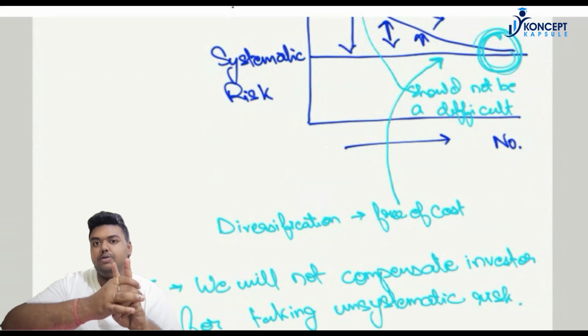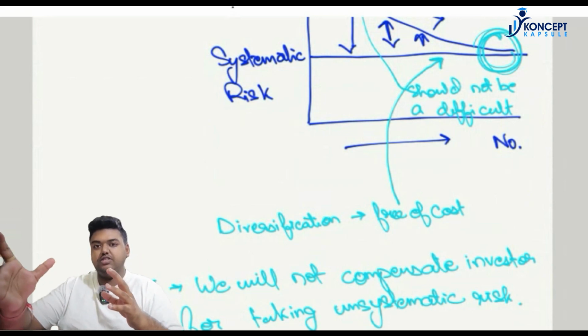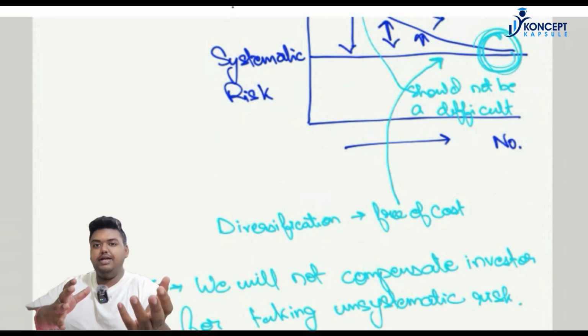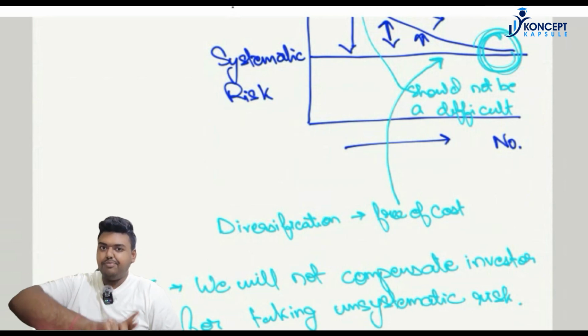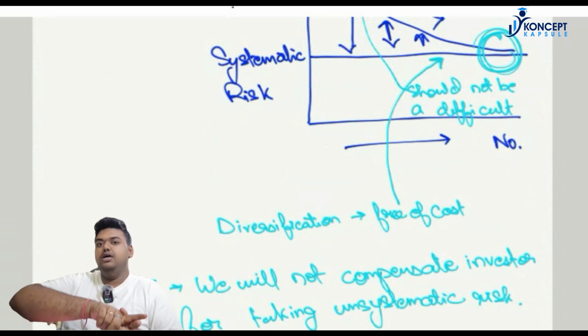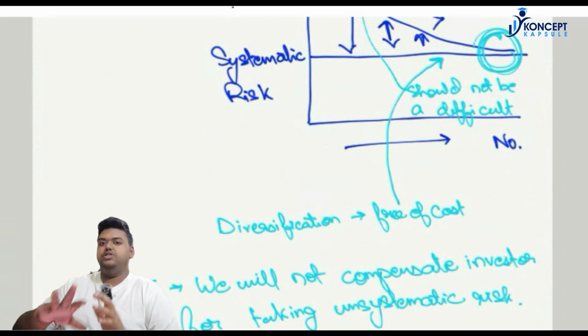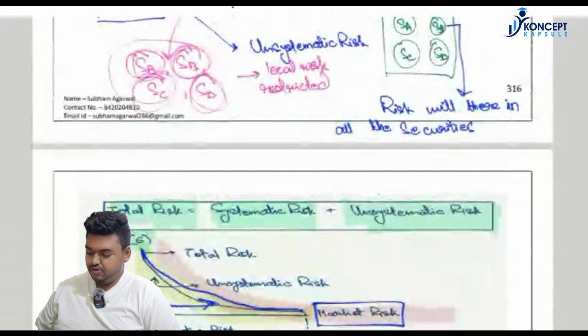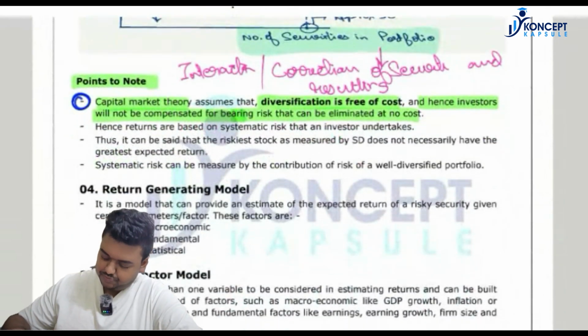Second, we have understood about capital market theory, which is saying that total risk can be broken into systematic and unsystematic. Unsystematic risk can be diversified away and the investor will not be compensated for it. Since we have come to a point in the capital market theory where total return is based on systematic risk, now we will learn return models which are just based on systematic risk. Are we clear? So that single line had such important significance.